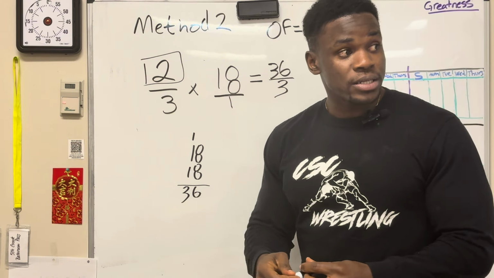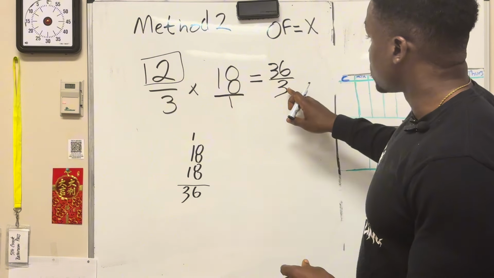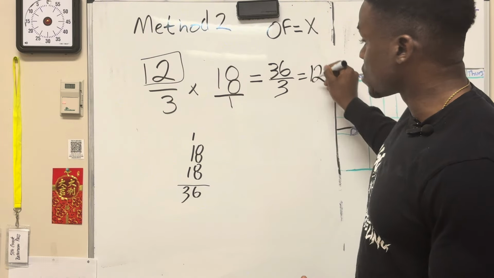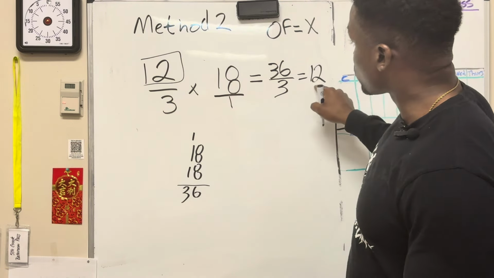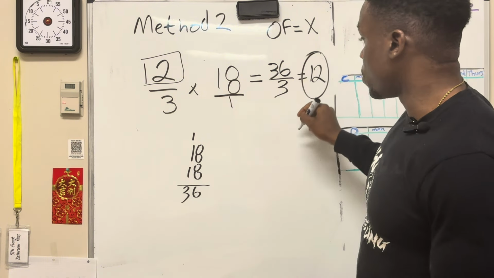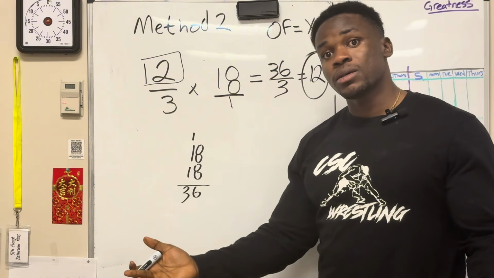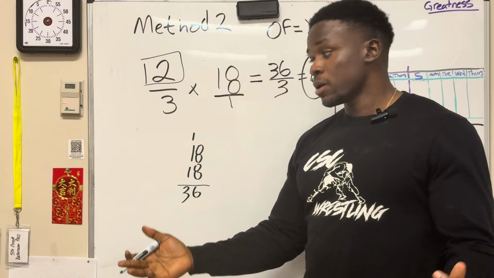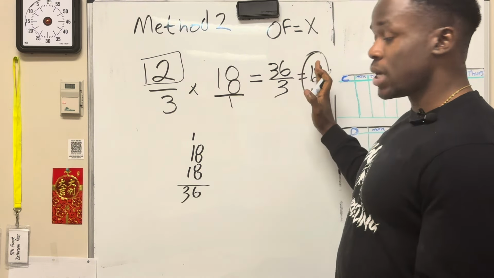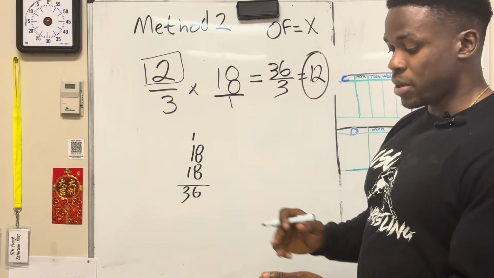And I know that 3 times 12, as we discovered earlier with the other problem, will get me exactly 36. So my answer is 12. And you see that my answer is the same. Okay. This is method number 1 that I used previously, and I still get the exact same answer.